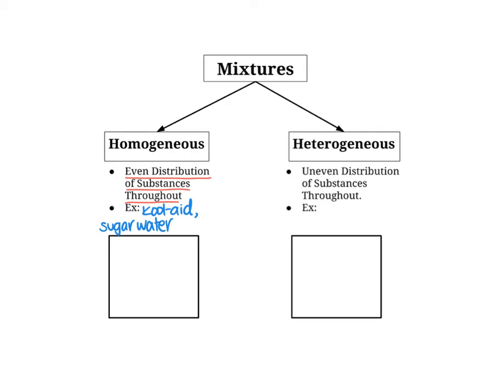Now, when we draw homogeneous mixtures, I'm actually going to split this into 2 categories for your diagram. So if I split this box in half, we're going to draw 2 different examples here. The first one is if we have a homogeneous mixture that is a mixture of solids. If we have a mixture of solids that is a homogeneous mixture, you want to look for a pattern.